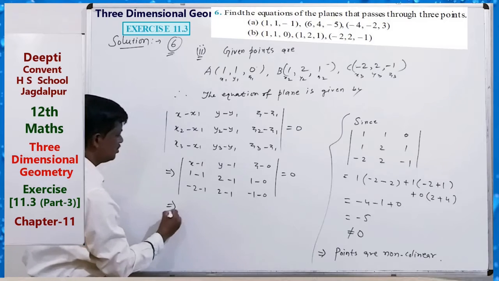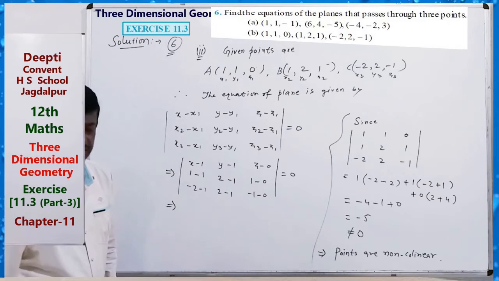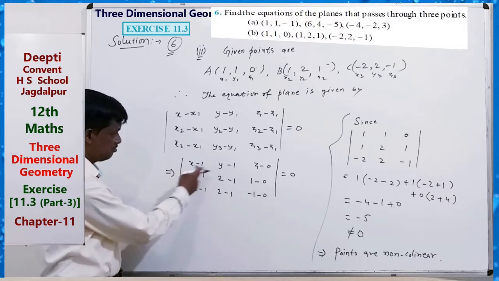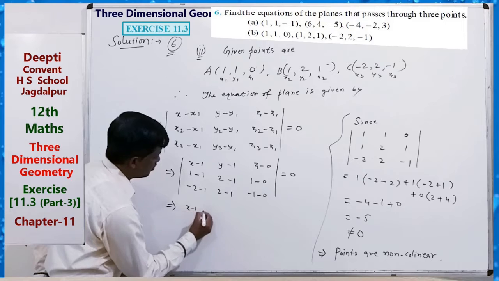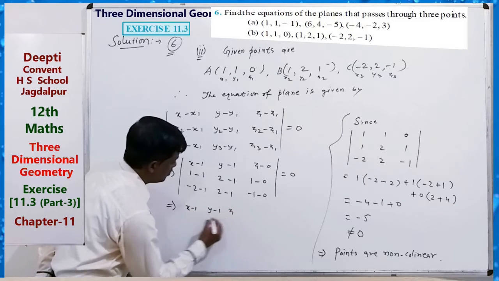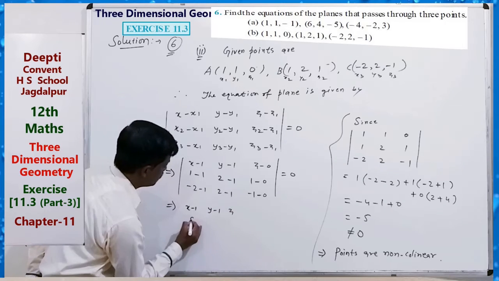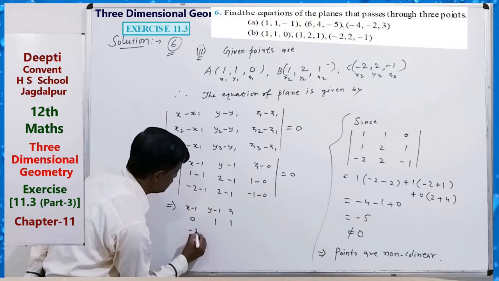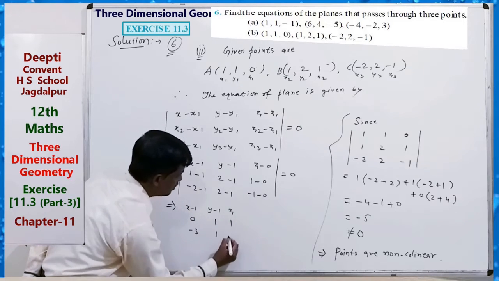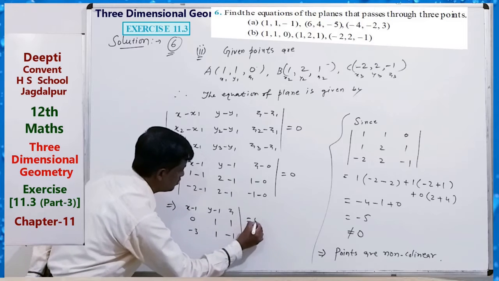You can take any order. Just solve it and you get the equation of the plane in Cartesian form involving x, y, z. So: x minus 1, y minus 1, z; 0, 1, 1; minus 3, 1, minus 1 equals 0.